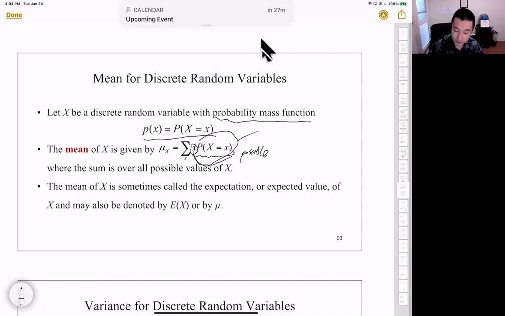We can also call the mean value the expectation or expected value, or we can write it as mu or E(X). So they are the same thing. Remember this equation.